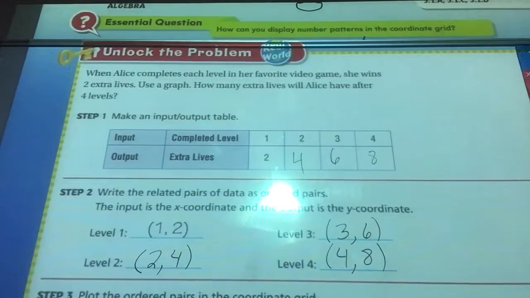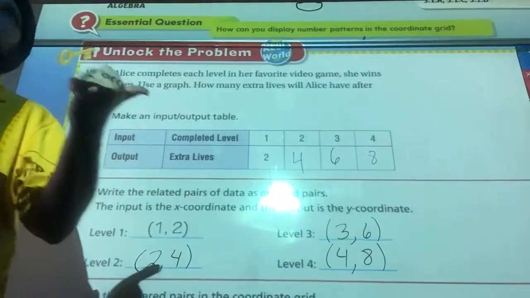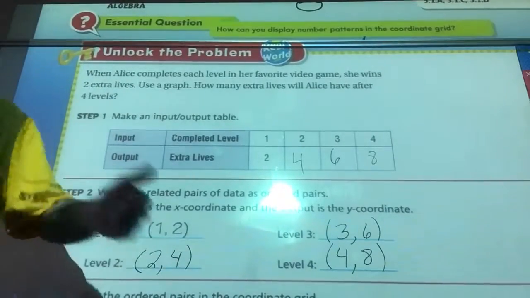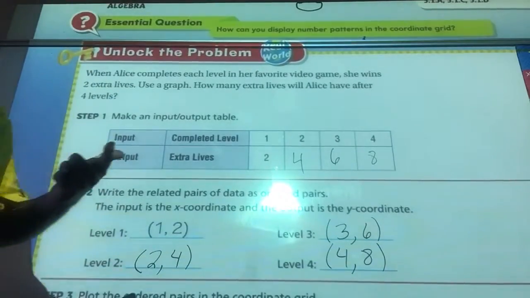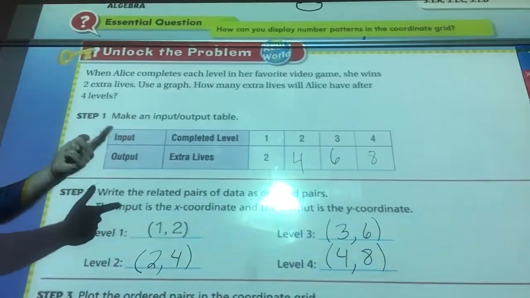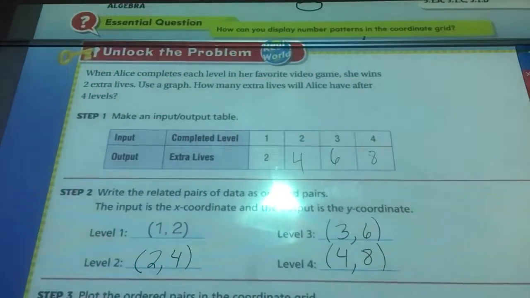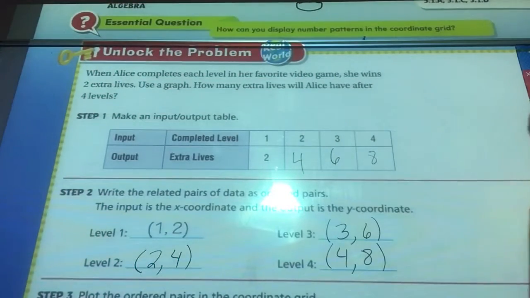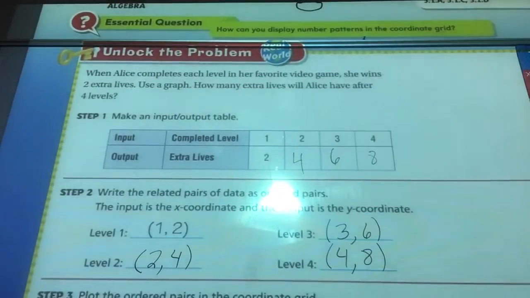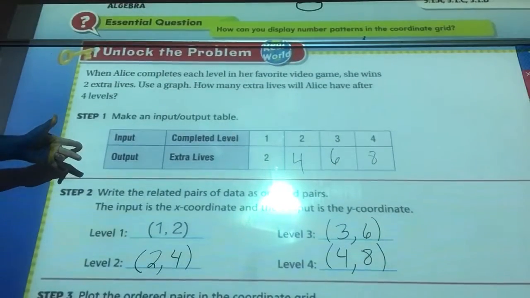What you're responsible for this year is understanding multiplicative patterns when you're going to have to graph it, or additive patterns. And the questions that I've seen asked in the past is they give you an input-output table and they ask you what kind of pattern it is.